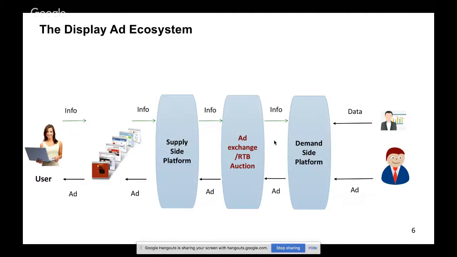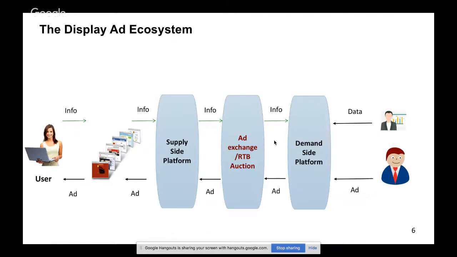The data analytics firms provide support for the advertisers to target their advertising to meet the publisher's audience profile. So this is the display ad ecosystem we're talking about, and there are several key players here.